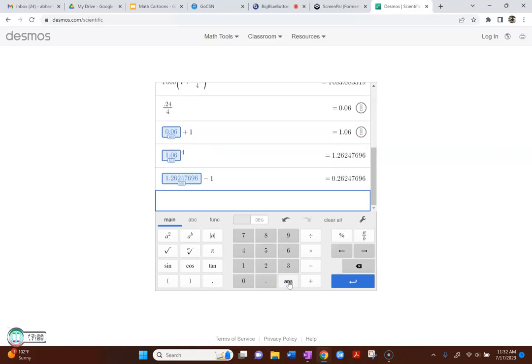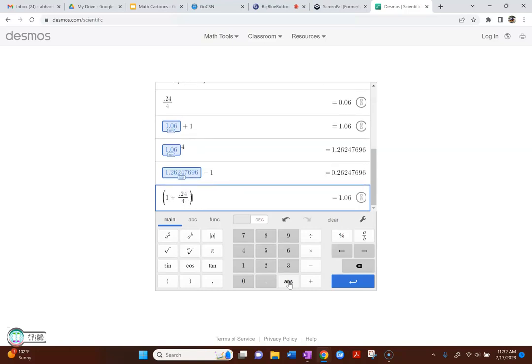Okay, so 0.26. In other words, the whole thing together was 1 plus 0.24 divided by 4, to the n, which is 4, and then minus 1. And that's the whole thing at one time. 0.26247.